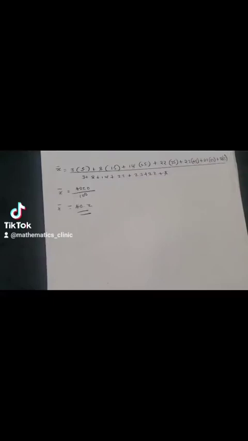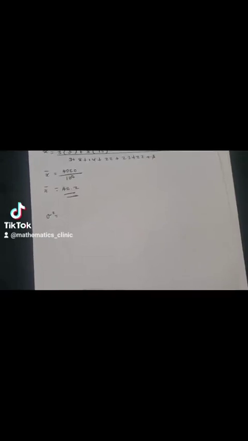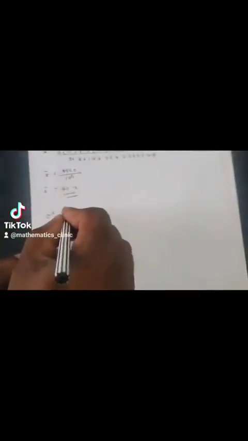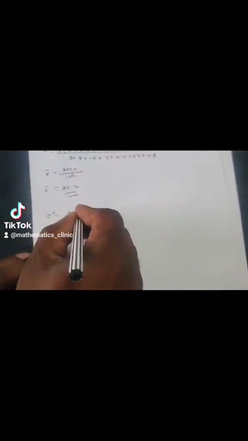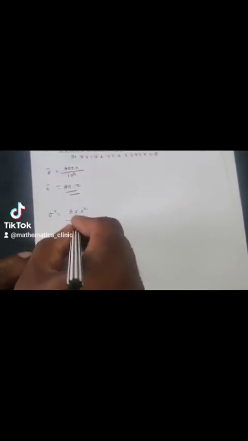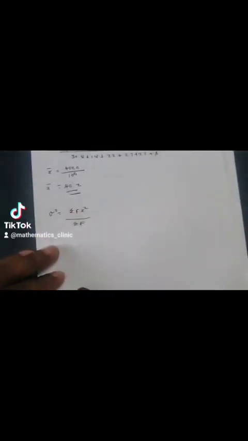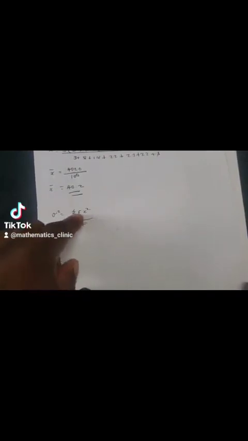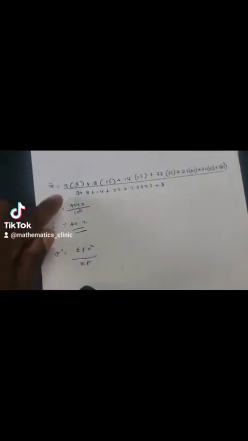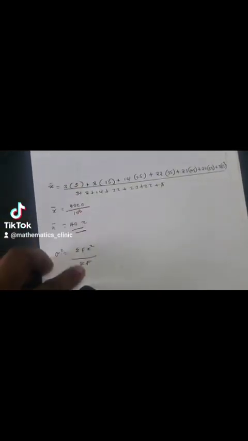The next thing we need to find is the variance. How do we find the variance? The variance is denoted by this symbol. To find the variance, we say the summation of f x squared over the summation of f. So what is the summation of f x squared? Come back to that information. This 3 is our frequency, which is f.